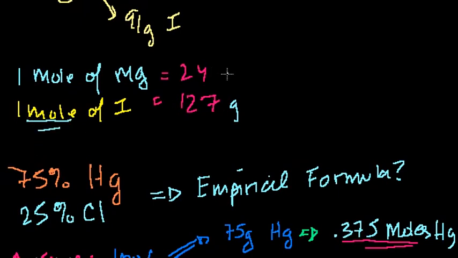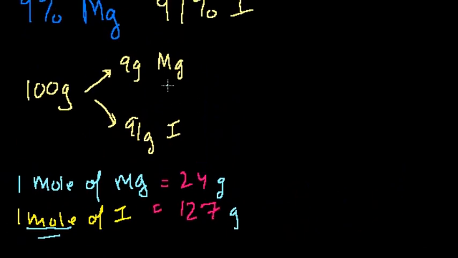And then 1 mole of magnesium will be 24 grams. So now we just figure out how many moles of each of these we have. We have 9 grams of magnesium. What fraction of a mole is that? A mole is 24 grams. So this is equal to 9/24 moles of magnesium.